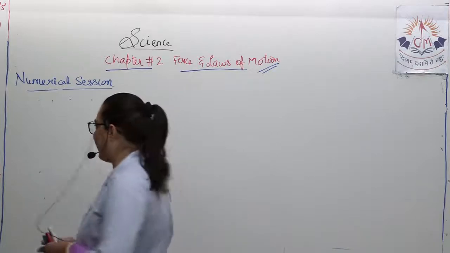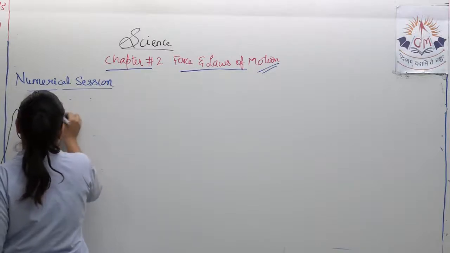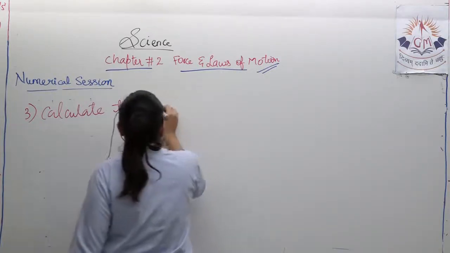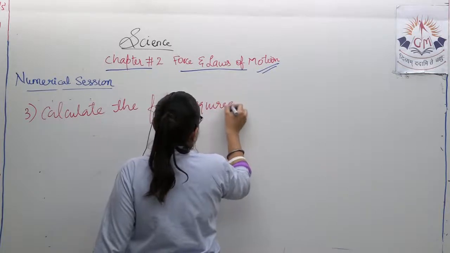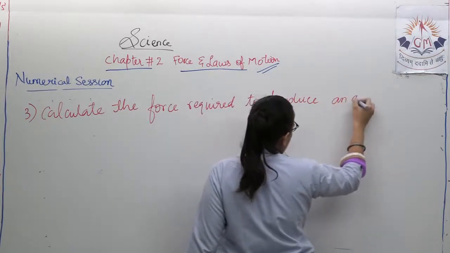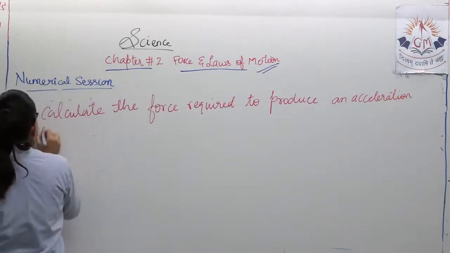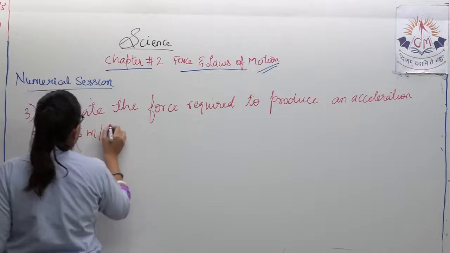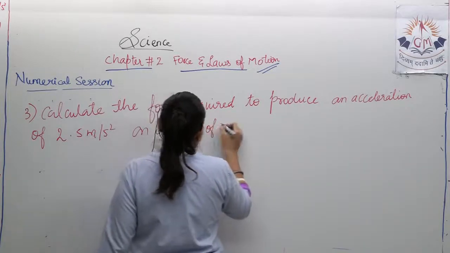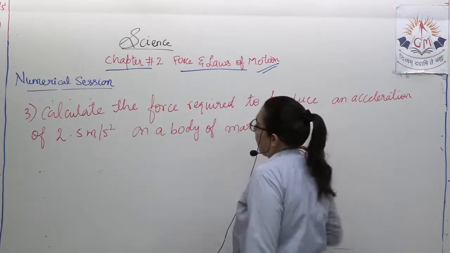So the third numerical: calculate the force required to produce an acceleration of 2.5 meter per second square on a body of mass 4 kilogram. This is very easy.